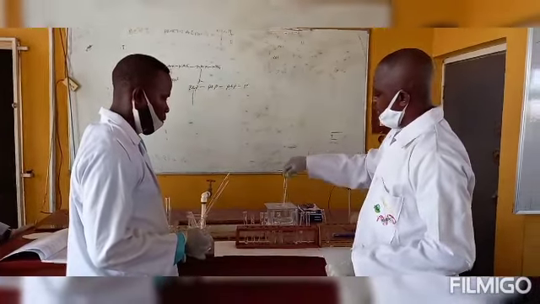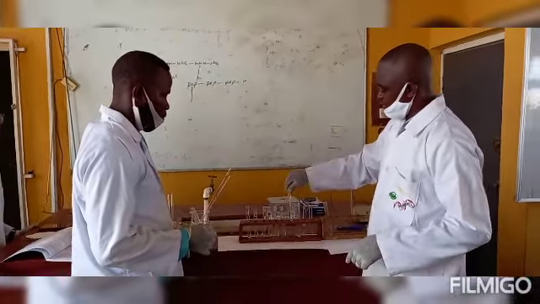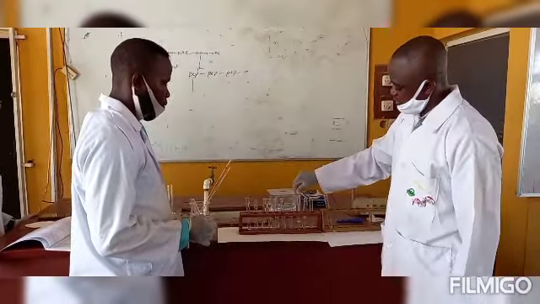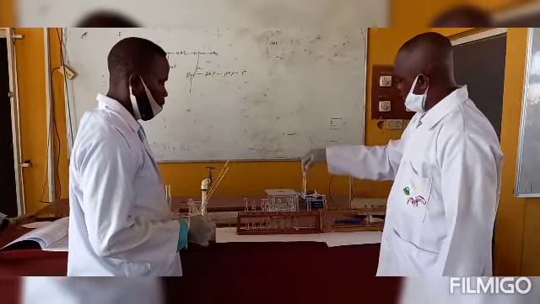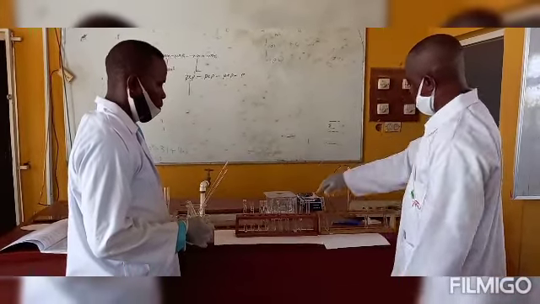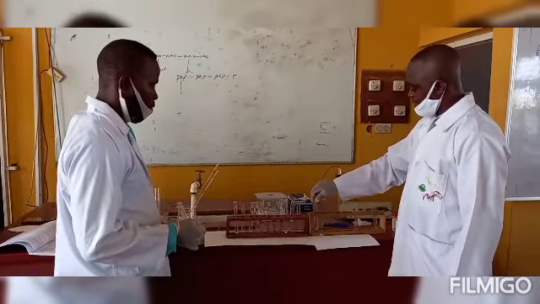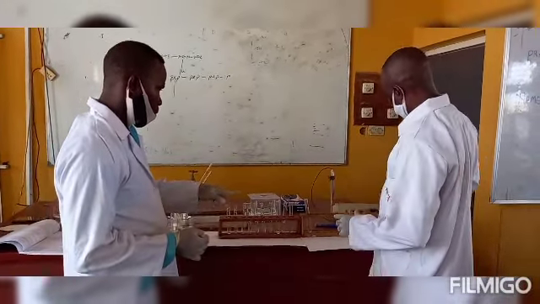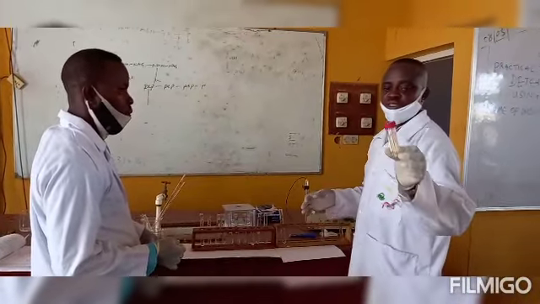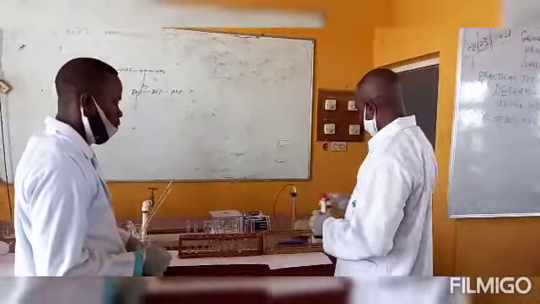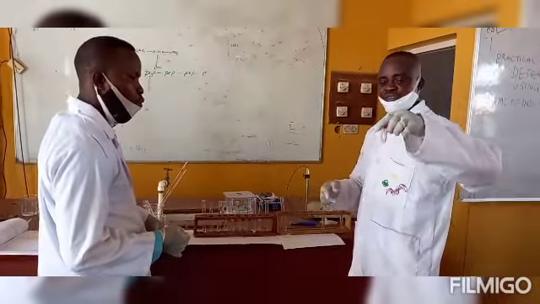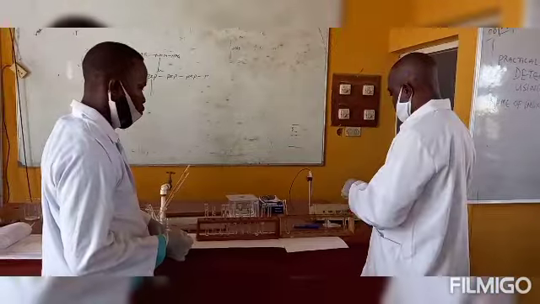Also, the unknown solutions whose pH we want to determine using this procedure are in test tubes 12 and 13. Test tube 12 stands for urine; we use a urine sample to prepare that. Test tube 13 is our saliva, as you can see inside the sample bottle.